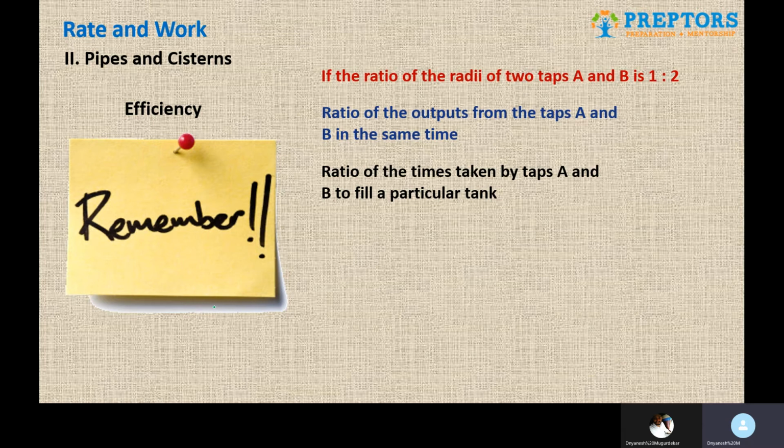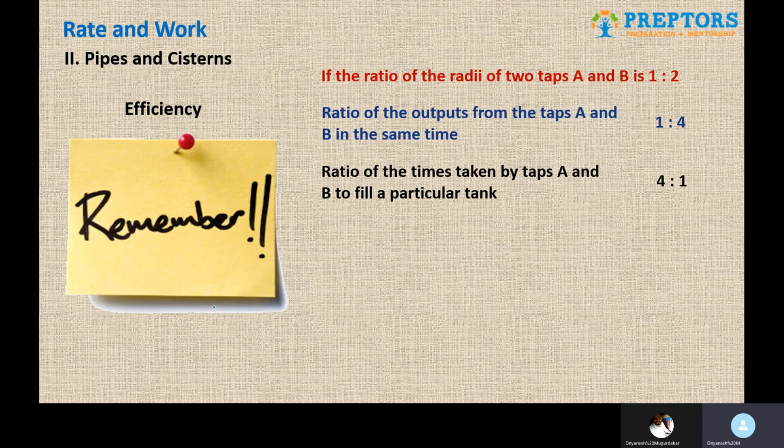When I take the ratio, pi gets cancelled, and I get the output ratio as 1:4. This is the exact reason why the ratio is 1:4. The tap is circular in shape, that is why we square, because we have been given the ratio of the radius. Output, meaning work done, has the ratio 1:4, and the time taken ratio is the inverse of that, which is 4:1.